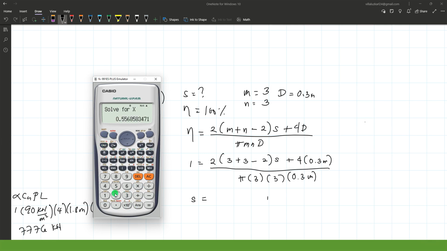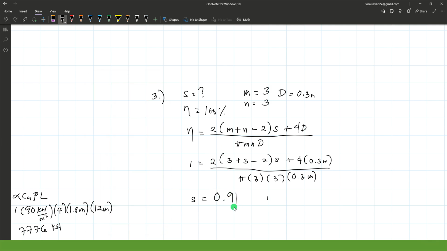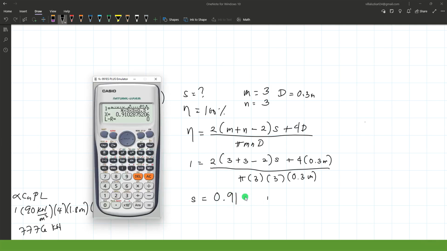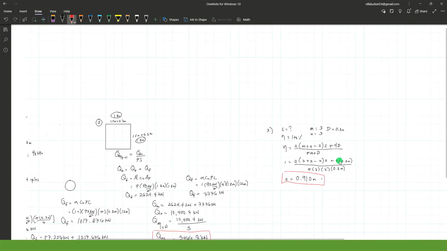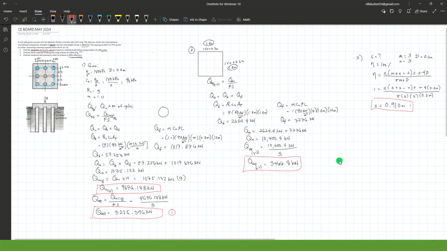Let's solve this. The answer for the minimum spacing is 0.9110 meters. So here is your final answer for this question. That's how we solve problems for group of piles.